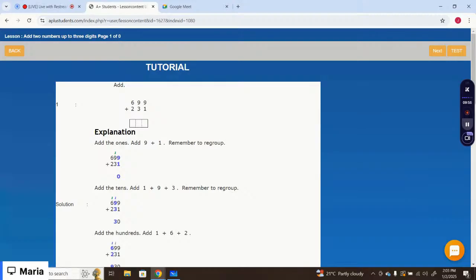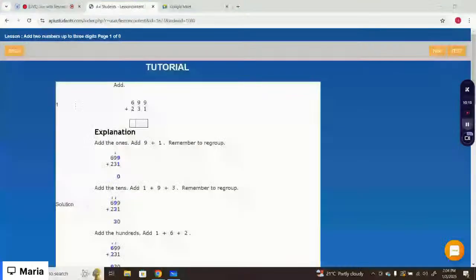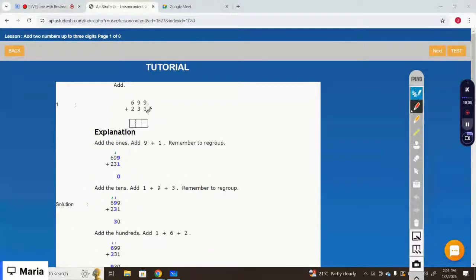Let's just see how we add them. Let's start adding from the ones digit.